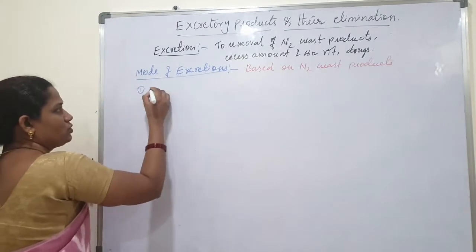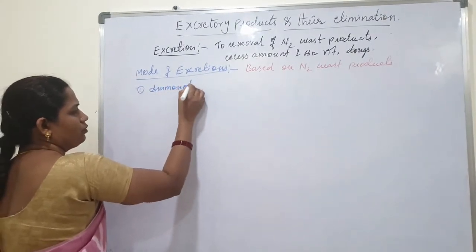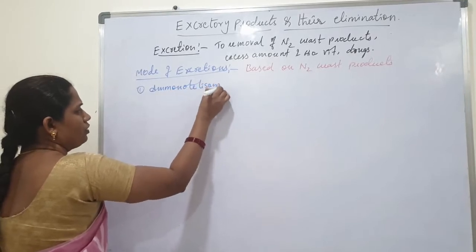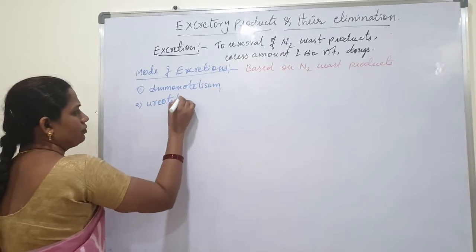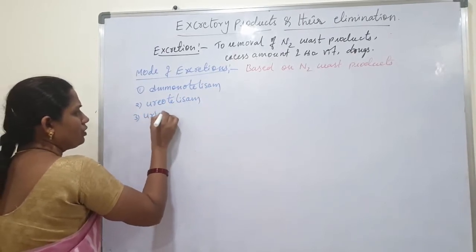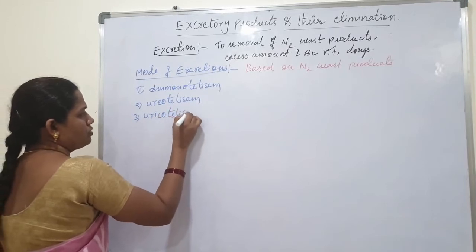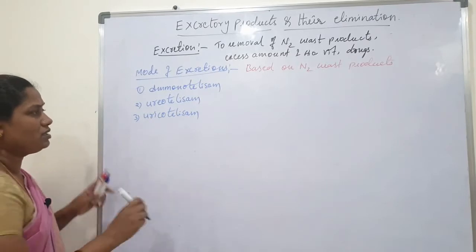The first one is ammonotelism, the second one is ureotelism, and the third one is uricotelism. So based on the nitrogenous waste product, these are three types.